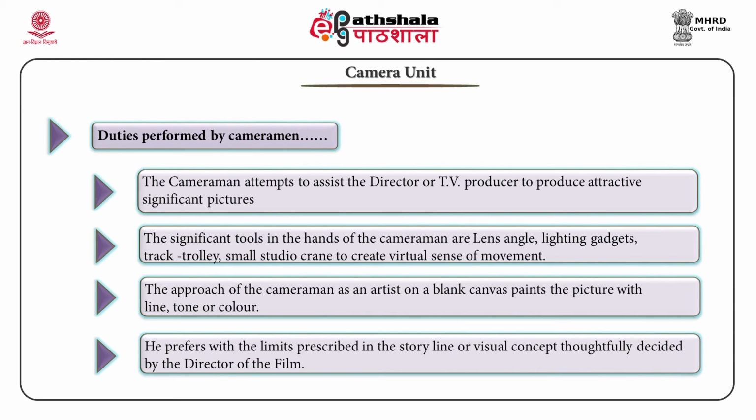The makeup person, set designer, costume designer or wardrobe, lightman and studio lighting engineer continuously assist the cameraman in creating the atmosphere required by the director of the programs strictly in accordance with the storyline.